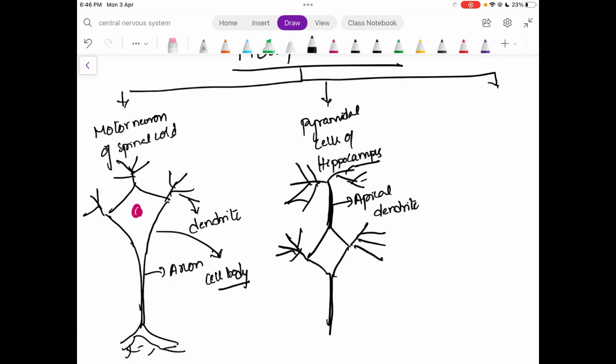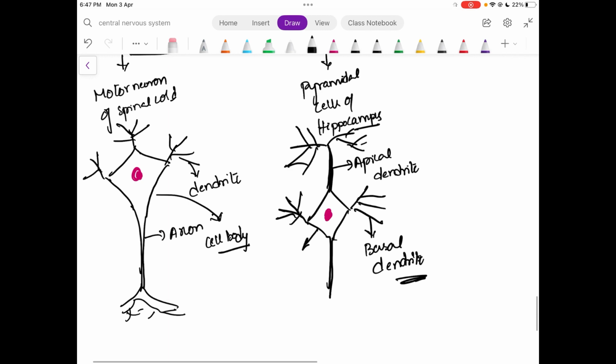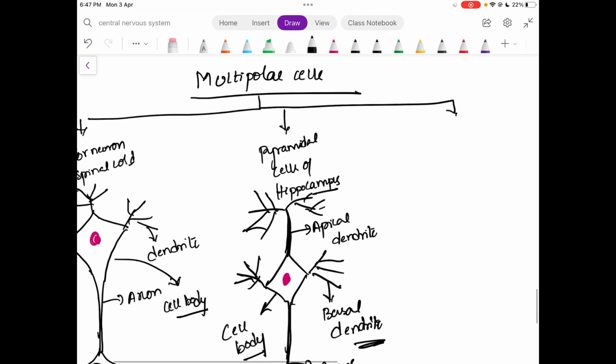This is an apical dendrite that will ramify, and this is a basal dendrite. And this is a cell body, and this is an axon. So these types of cells are seen in the hippocampus.